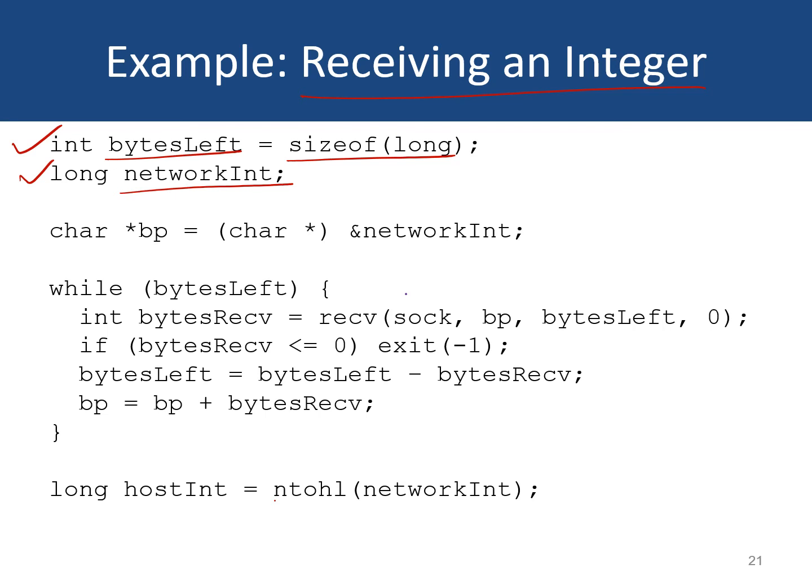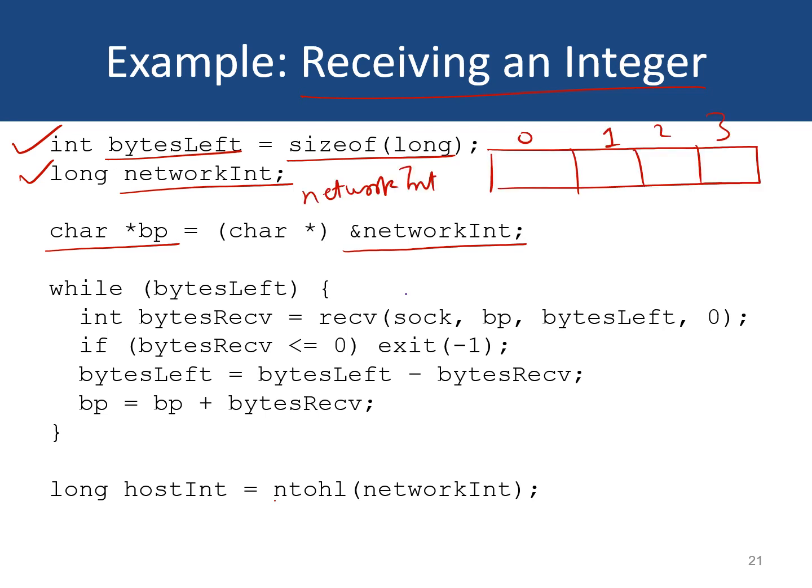This is where we will store the integer as it is received from the network or from the socket. Next, we have declared this character pointer bp, and it has been initialized to point to the beginning address of network int. So let's assume this is our network int, and let's say it has these 4 bytes. So this character pointer bp will point to the beginning, the 0th byte of this network int initially.